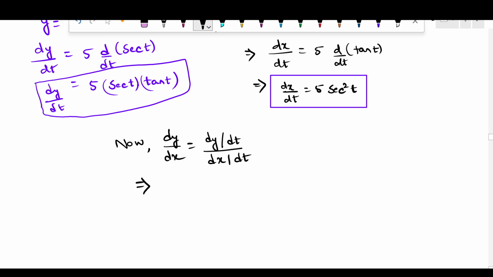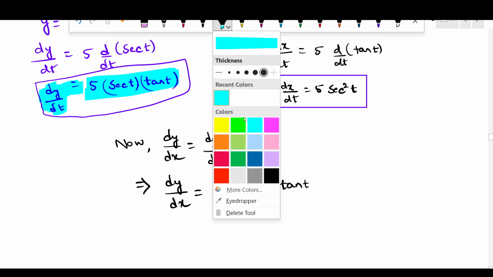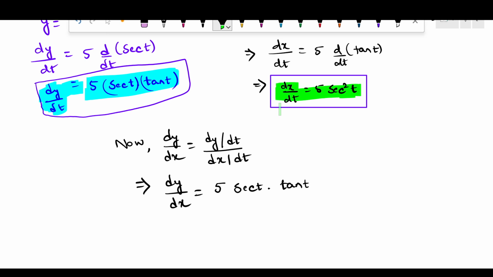This implies dy by dx equals, now dy by dt is 5 secant t into tan t. From here we get dy by dt, right? And from here we get dx by dt is equal to 5 secant square t.